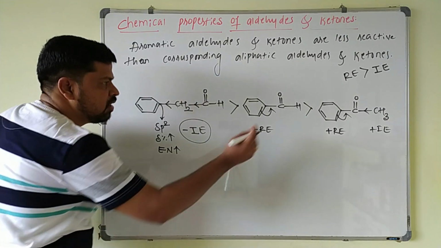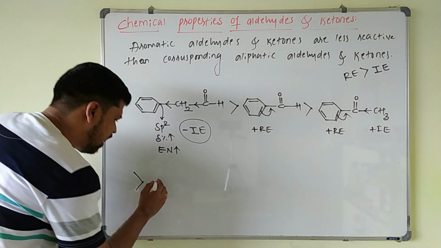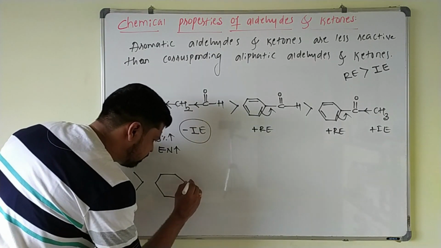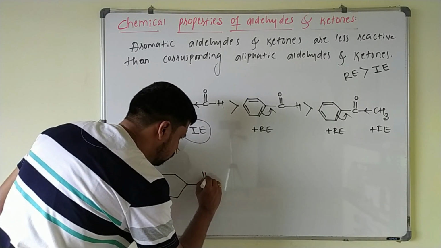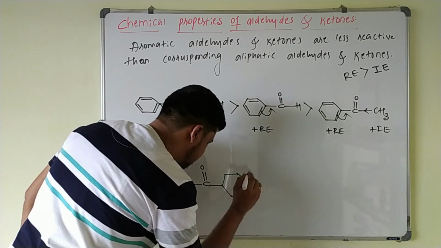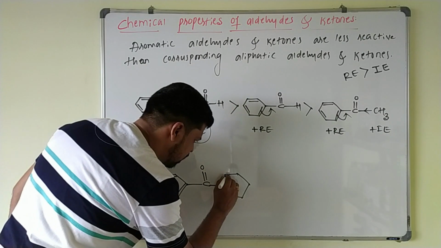Next order which is less reactive than this one is, I will take two phenyl groups attached to the carbonyl carbon like this. So here alternate double bonds are present, here also alternate double bonds are present.